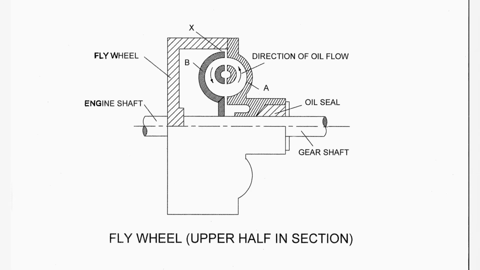As you can see in the diagram, the engine shaft is on the left hand side and the gearbox shaft is on the right hand side. The flywheel, which is mounted on engine shaft, has been provided with a box-like shape. It is integrated with the rotor on right hand side.